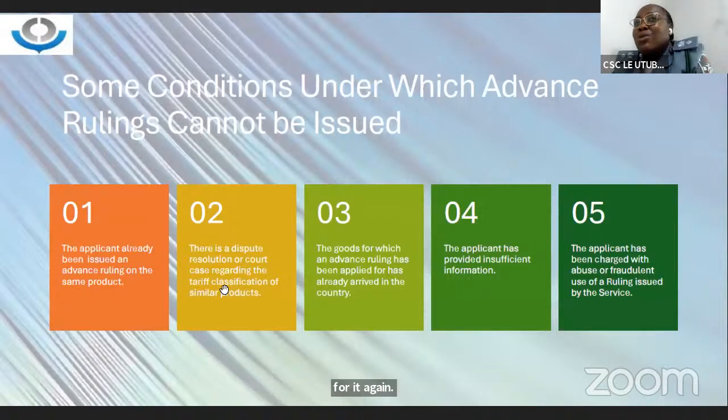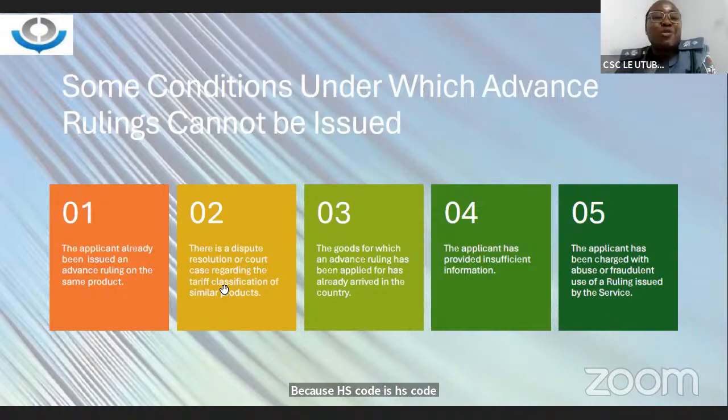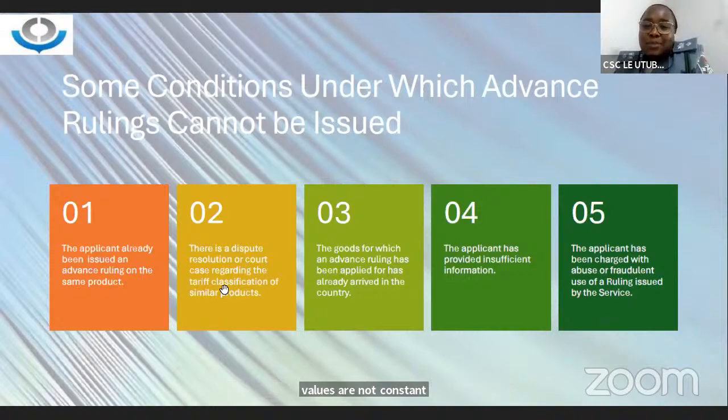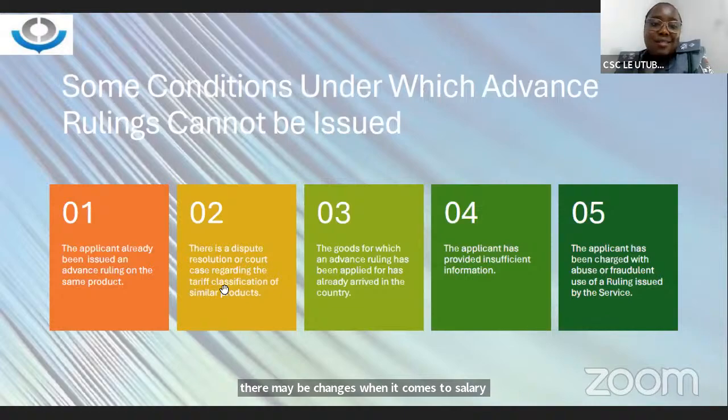The only thing that you may want to apply for is maybe an advanced ruling on valuation, because of course values are not constant. There might be changes. When it comes to tariff classification in particular, once an advanced ruling is issued on a product, it's okay.